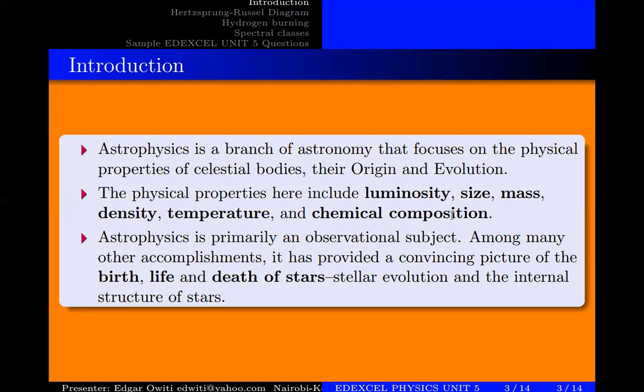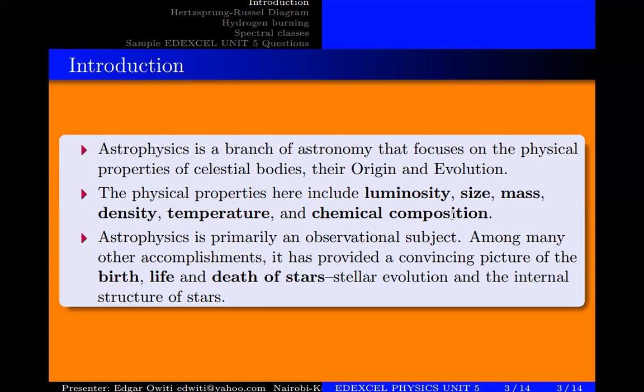When celestial bodies are studied, there are several physical properties that they have, which include the luminosity or the brightness of the light that they give out, the size of the celestial bodies, the mass, density, temperature, and the chemical composition in these celestial bodies.